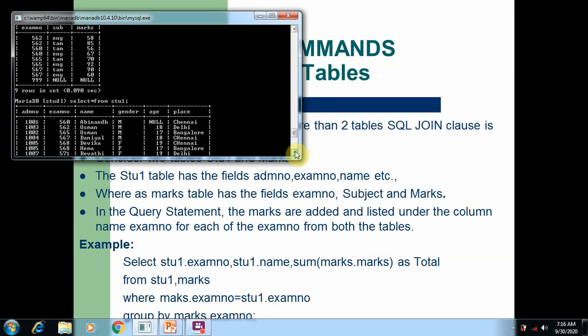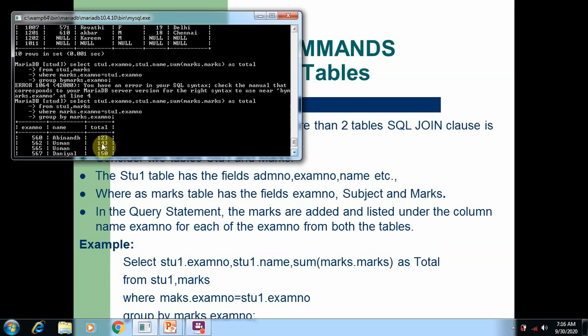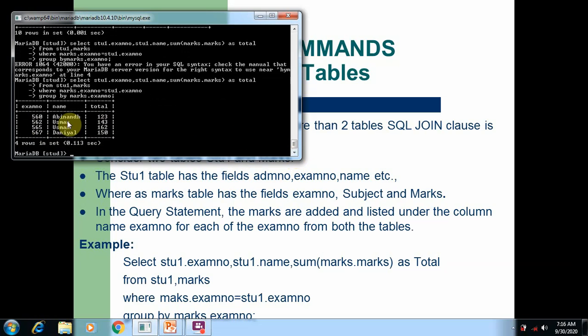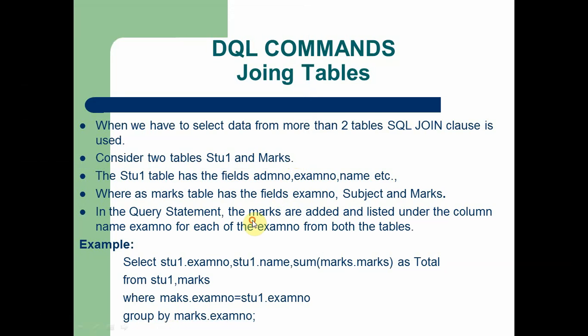So 143 is the answer for 562, and you can see the result 143 displayed on the screen. So all the marks for student 562 are added and displayed. In this way we can join more than one table and their columns and display them on the screen. This is called the joining clause.